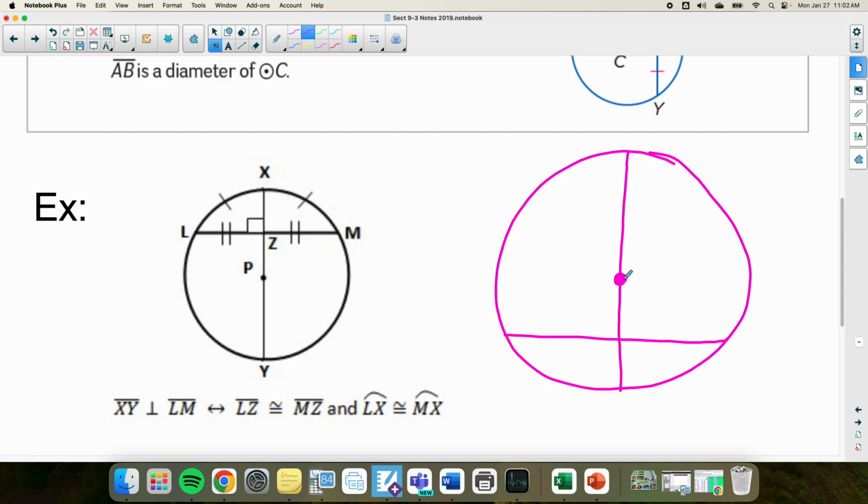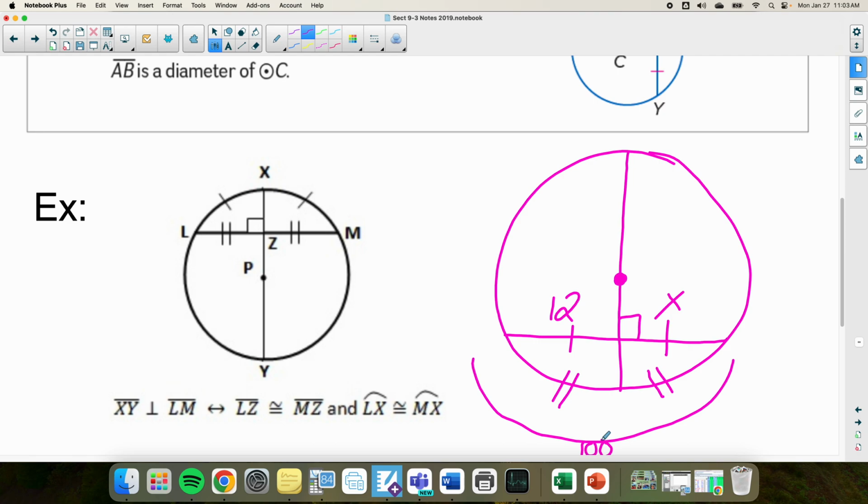What this says is if you have either a radius or a diameter that is perpendicular to a chord, it cuts the chord in half and it cuts this arc in half, okay? So they could say this is 12, what's this? They could say this whole thing is 100 degrees and ask what each of those are, okay?